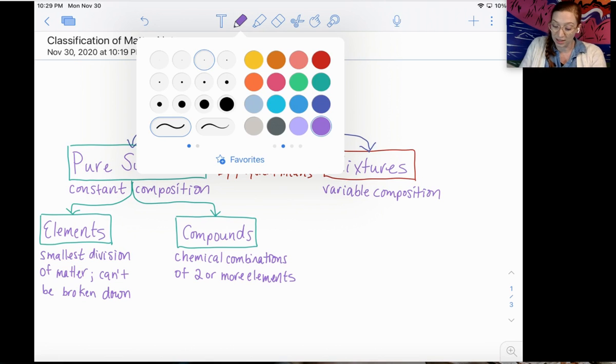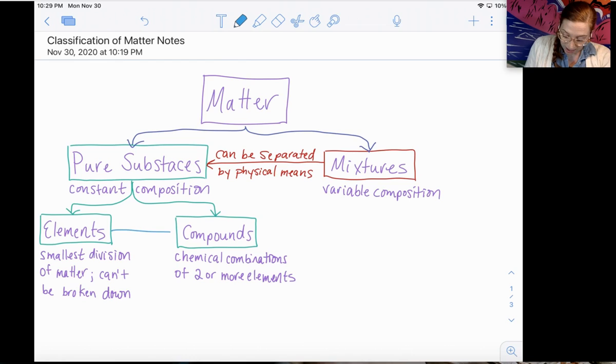Now, that's where we get this connection between the two. We can separate compounds through a chemical process to turn them back into elements. Okay, so we're going to say can separate chemically. Okay, that takes care of our pure substances.